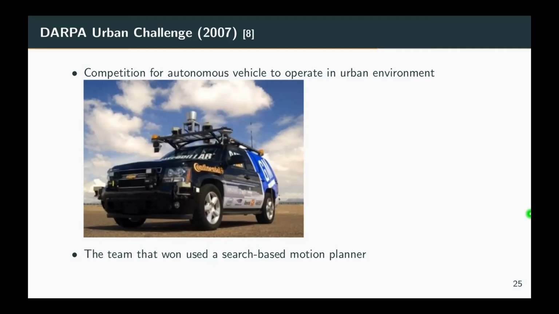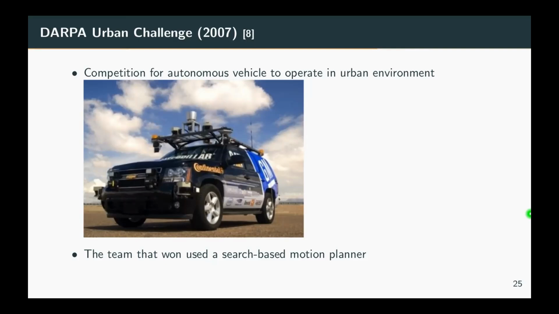It was funded by the US military branch, DARPA, where there was a big competition where cars had to first drive in a desert-like environment, and later on in this particular challenge in a more city-like environment, fully autonomously. The different teams had to work on the full stack, the different sensors, state estimation, and motion planning on board the cars.